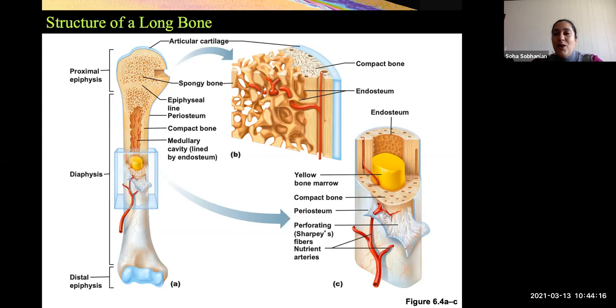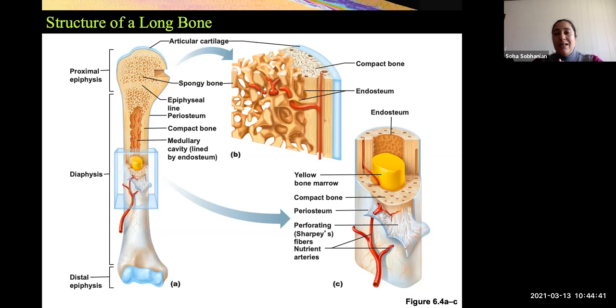Does anybody know what yellow bone marrow actually is? Any guesses? It is fat, correct. Interestingly, as you age, you will have a layer of fat literally at the center of each of your long bones.